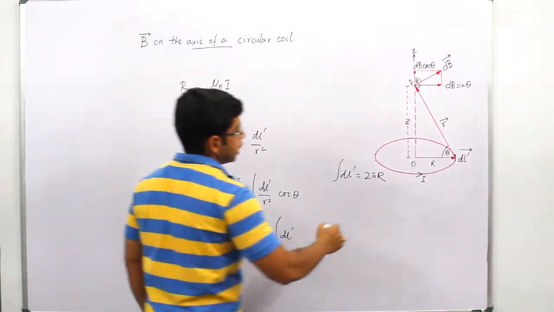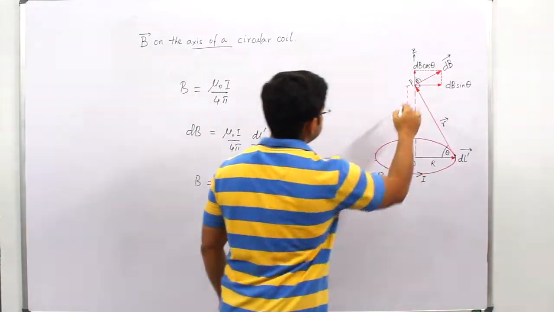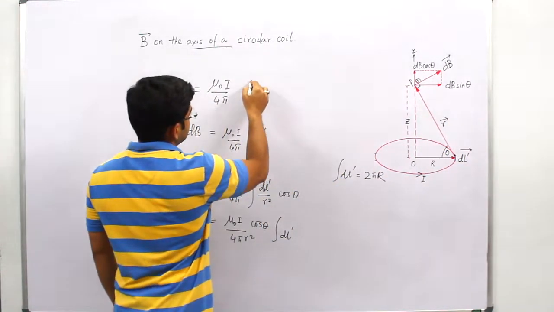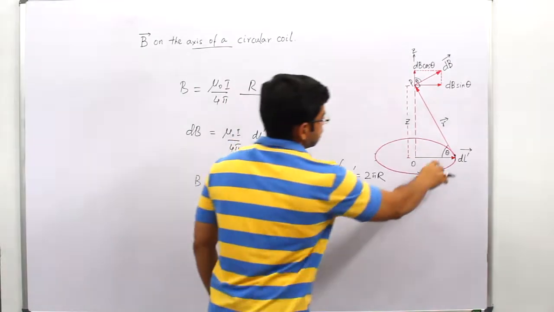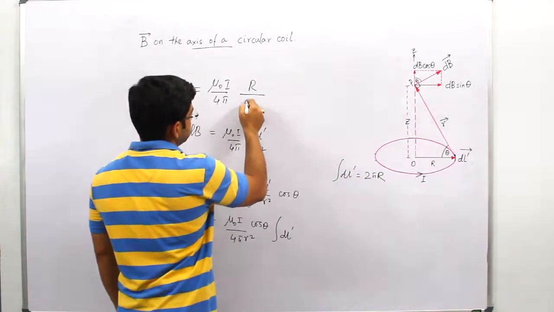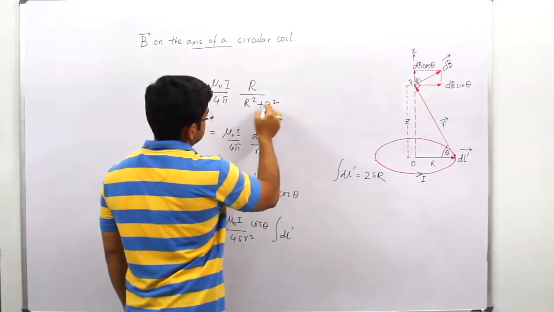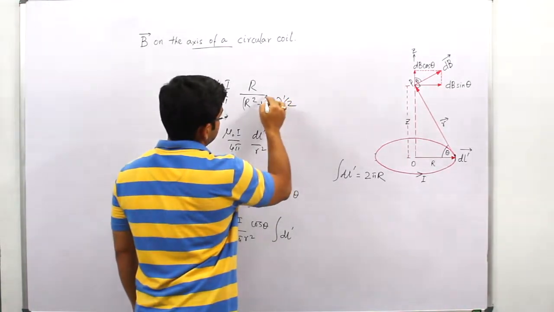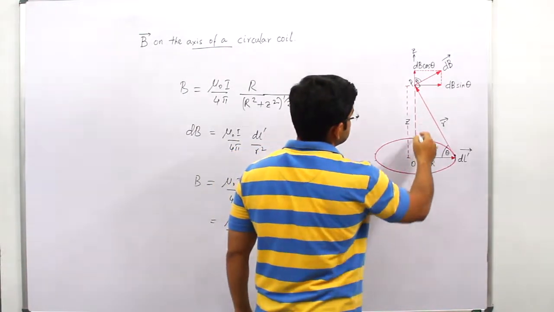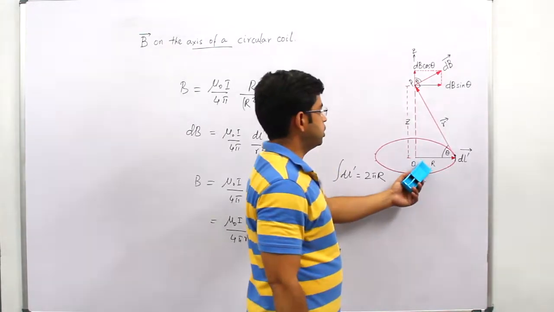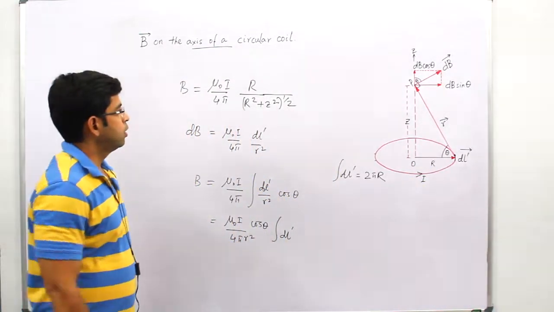This cos theta can be written in terms of the parameters of this triangle as R by this r, where this r can also be written as R square plus Z square to the power half, where Z is the distance of the point P from the center of the circle.